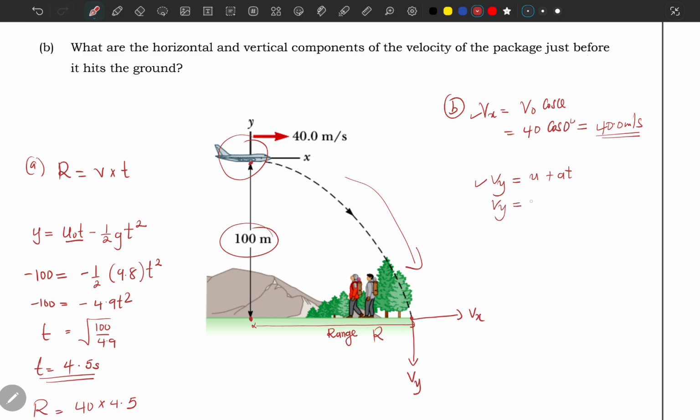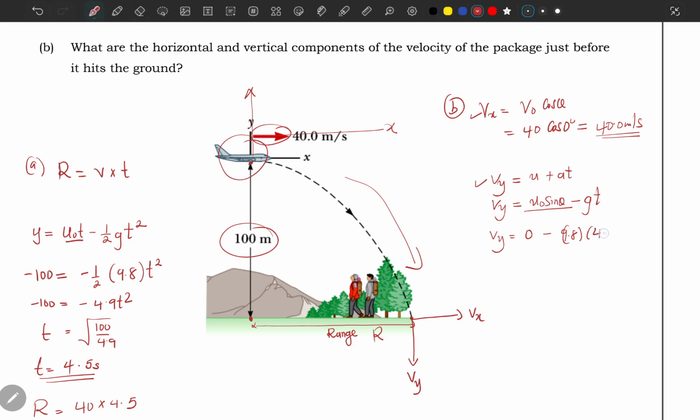So u will be initial velocity sine theta, then minus gt. So vy will be equal to, in the y we do not have initial velocity, because in the beginning, as you can see from the arrow, it was only moving in the x, meaning in the y there was no velocity. So this part is 0. Minus g is 9.8, and the time that we found was 4.5.